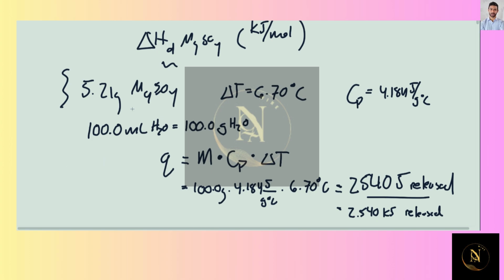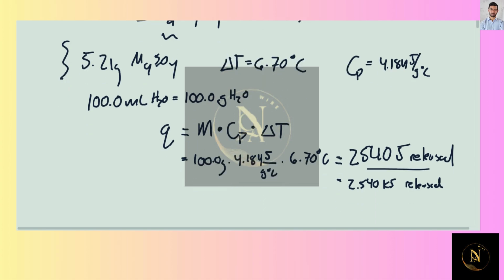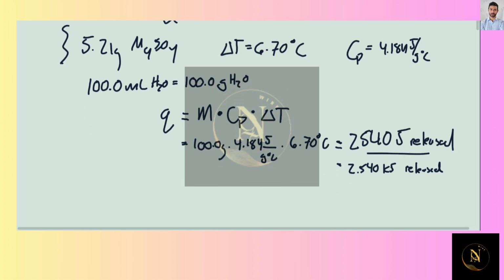Now we just need the molecular weight of magnesium sulfate, which is 120.366 grams per mole, and use that to calculate how many moles of magnesium sulfate we had.